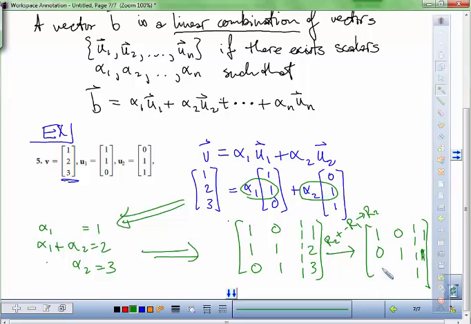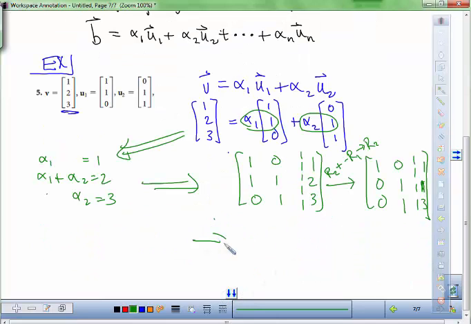So I'll do what Victor said: row 3 plus negative row 2 changes row 3. So the first row doesn't change, the second row doesn't change, and the third row becomes 0, 0, 2.